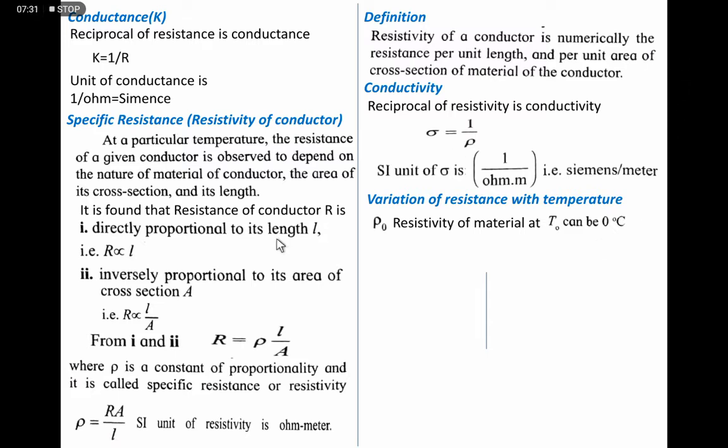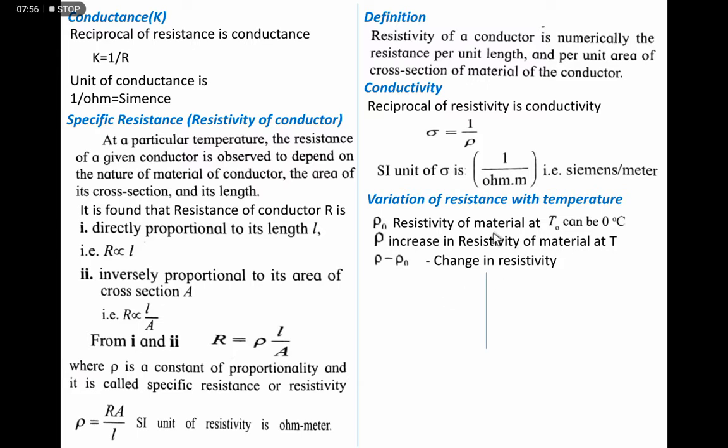Now here rho naught is the resistivity at 0 degree Celsius, and rho is the increased resistivity of the material at the temperature T. Means as temperature increases, the resistivity increases. Then rho minus rho naught is the change in resistivity.